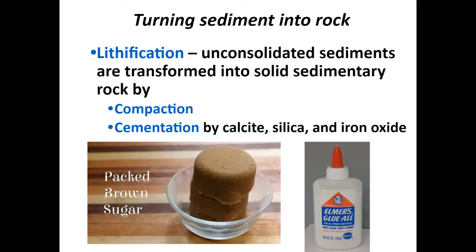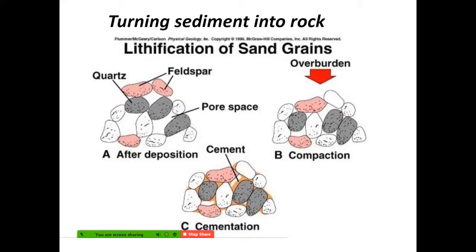Cementation involves the cementing together of the particles, and other minerals are the cementing agent. Calcite, silica, and iron oxide are common cements that form sedimentary rocks. This diagram illustrates the compaction and cementation of sediments.